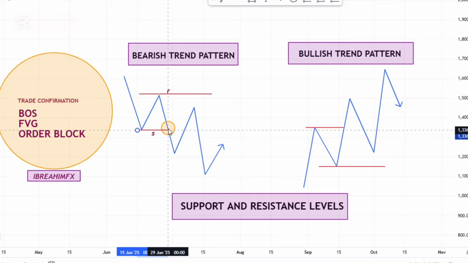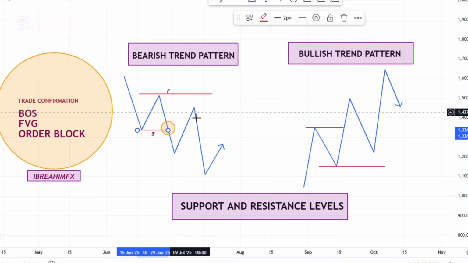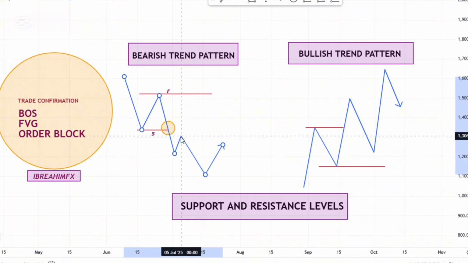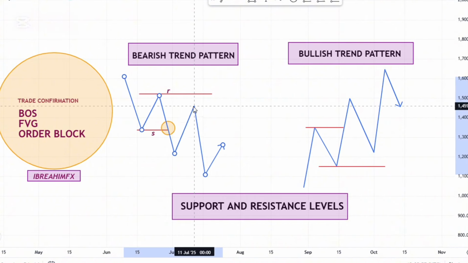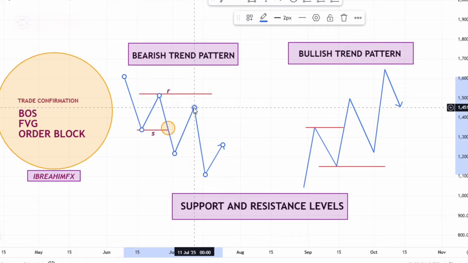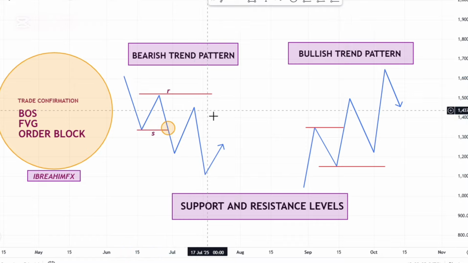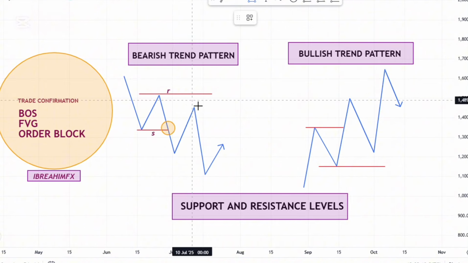So the market now retests back, the market retests right here. Our confirmation for the market to continue on a downtrend is to find your fair value gap and order block. Right here, you are going to find something.